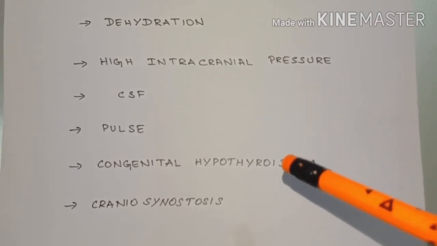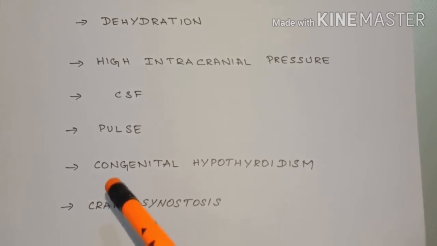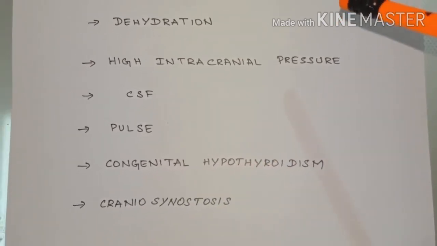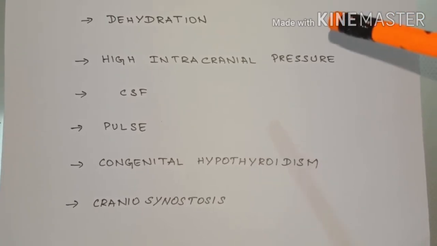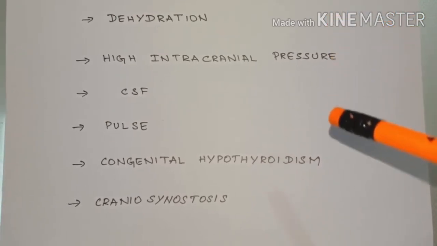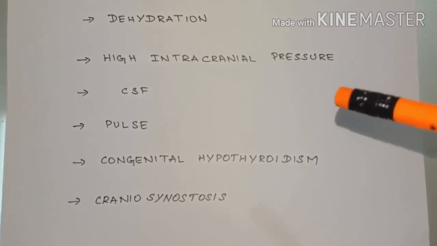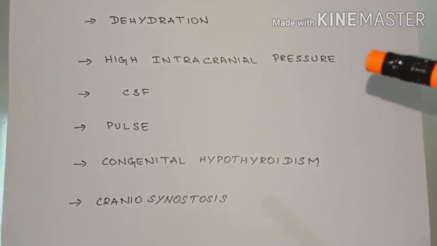It is due to a genetic condition called congenital hypothyroidism. And the sixth clinical significance: what if the anterior fontanelle closes early, that is in less than 1 year?